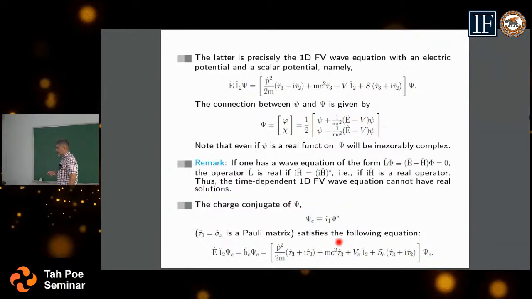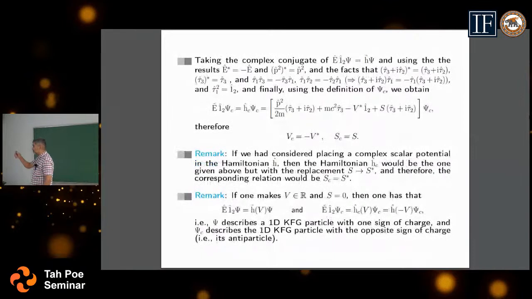Okay, I just construct the charge conjugate of C. You can define this object perfectly. You write the equation for this CC, and you get, after some mathematics, this equation.